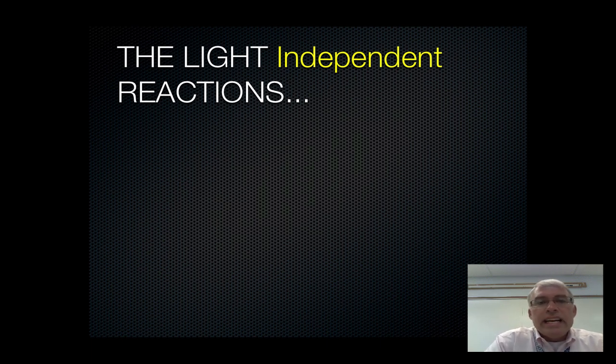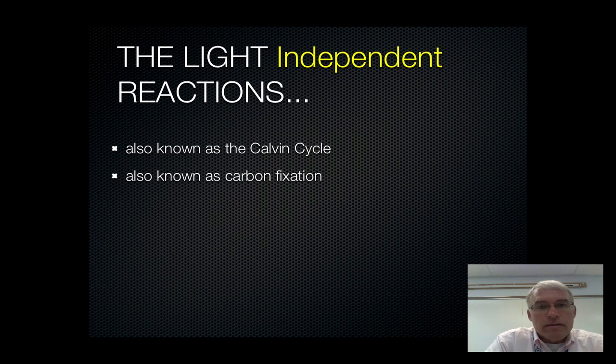Now, the light-independent reactions are the part of photosynthesis that doesn't require light to happen. So these reactions can take place in complete darkness as well as during the day when the sun is shining. They're also known as the Calvin cycle, named after the guy that put it together back in, I believe, 1958, if I remember right.